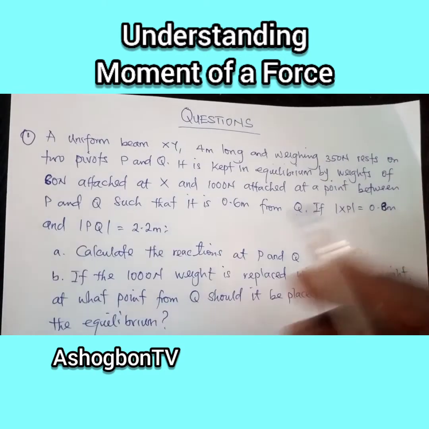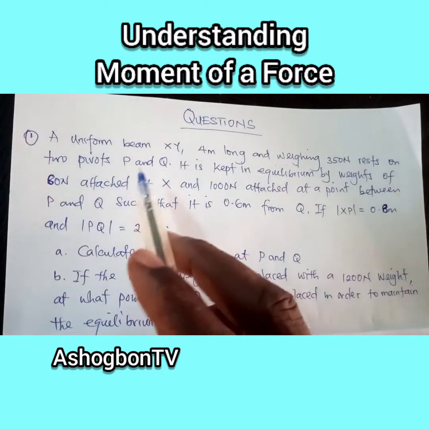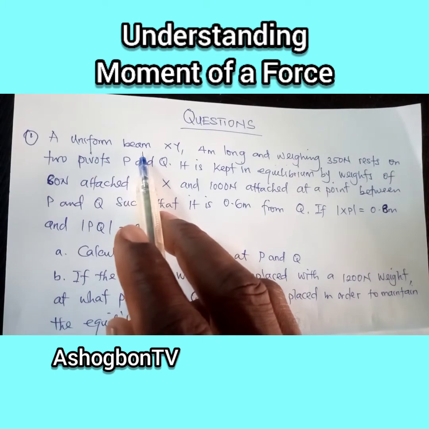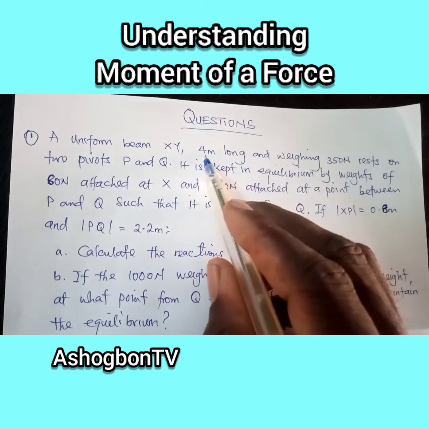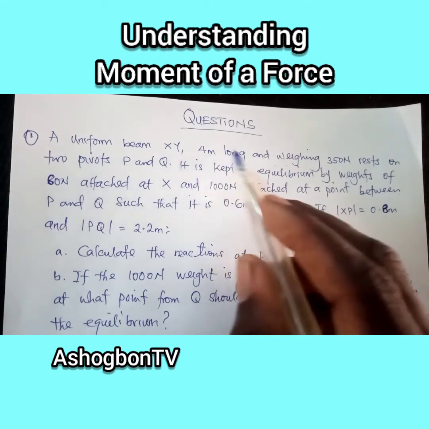Here we have another set of questions, but here let's start from question 1. A uniform beam, since it's uniform, don't forget the weight will be at the center, and it's 4 meters long. That means the weight will be at 2 meters.